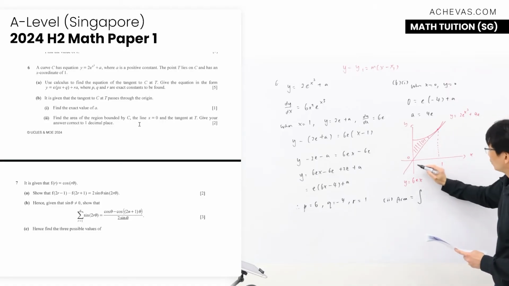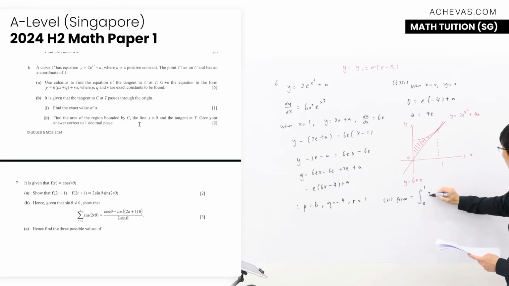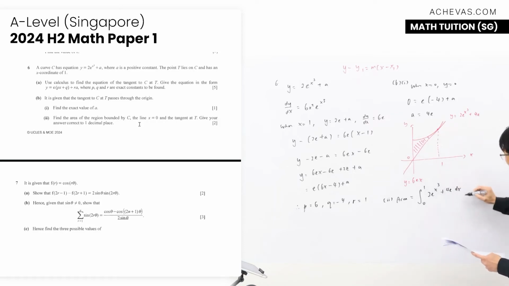I will do an integration from 0 to 1 of the equation of my curve, which is 2e x to the power of 3 plus 4e dx. This will be this entire region here. Then I will subtract away the area of the triangle, which is minus half times 1 times 6e.